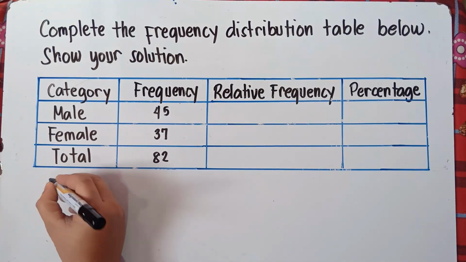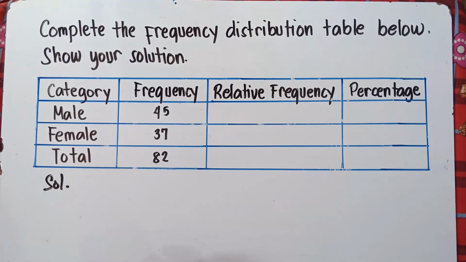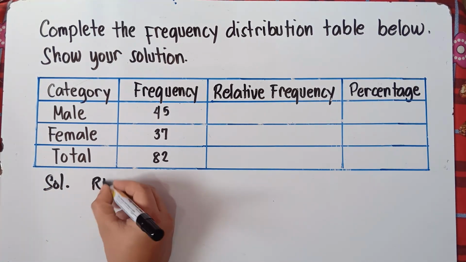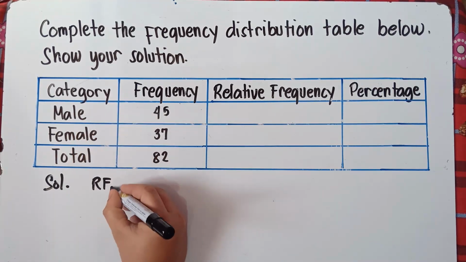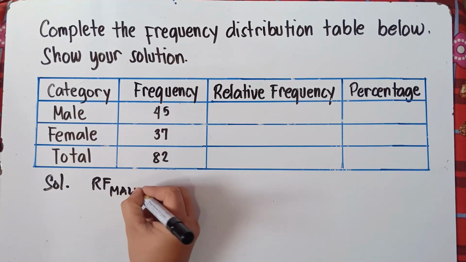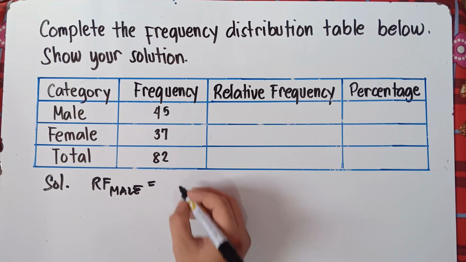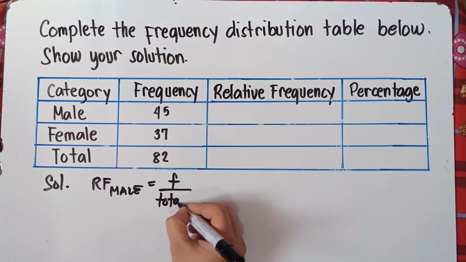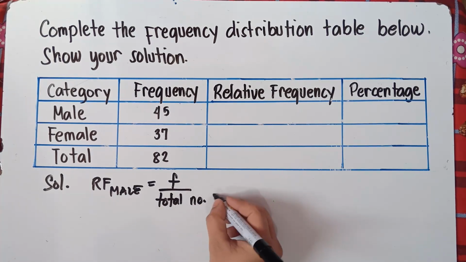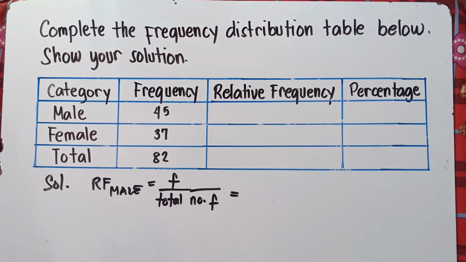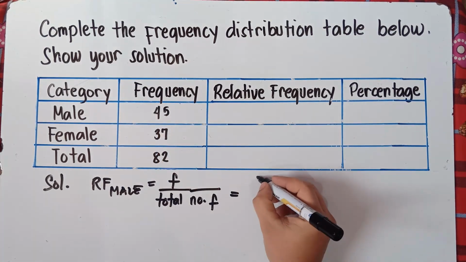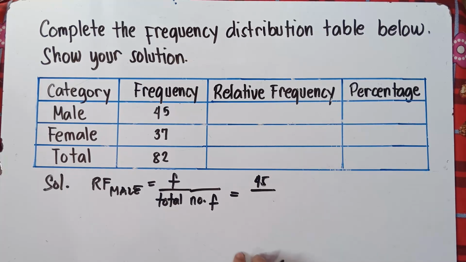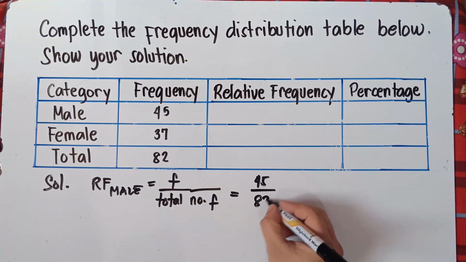So let's have our solution. The relative frequency of male is equal to the frequency divided by the total number of frequency. The frequency would be 45, divided by the total number of frequency, that would be 82.